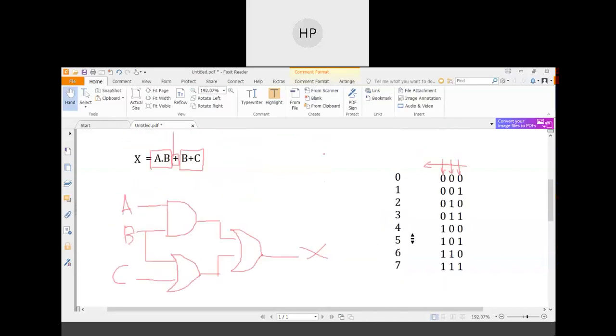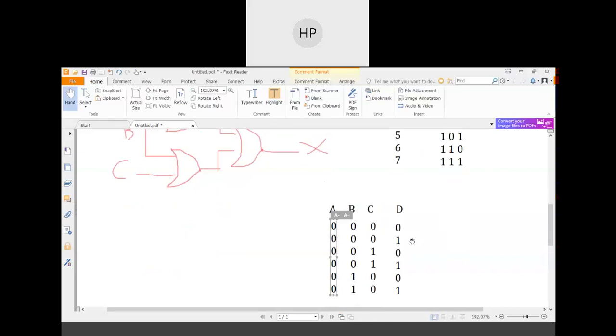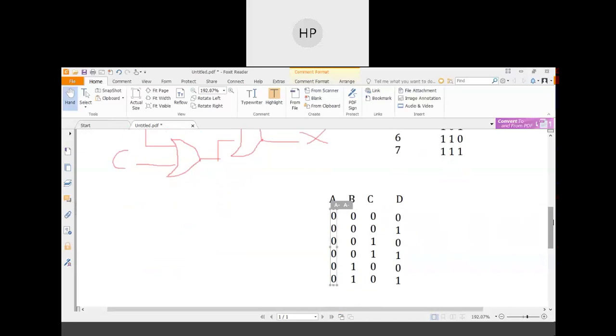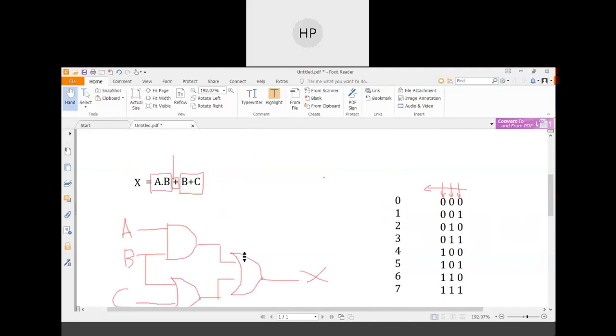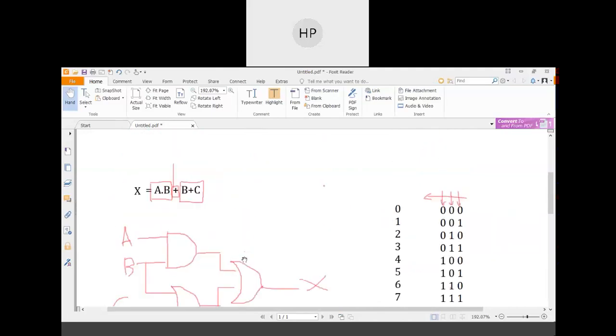Is it clear? Yes, sir. This is how you construct your truth table. Then you can look into the first expression, A dot B, then B plus C, and so on. That's how you construct a truth table. Any questions?